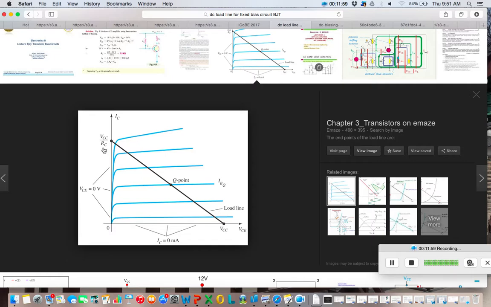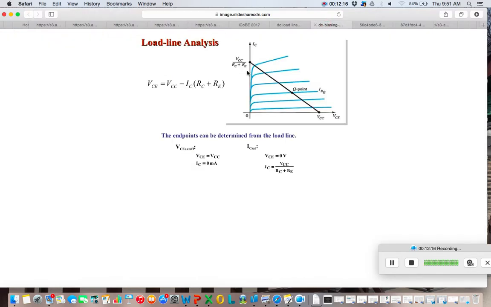Because you can see the VCC over RC here, the point at the y-axis. This refers to the fixed bias circuit because there is no RE here. But in another example, the load line analysis here has VCC over RC plus RE.